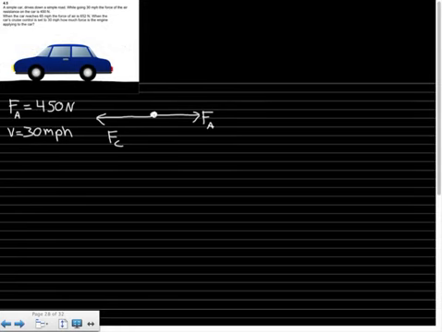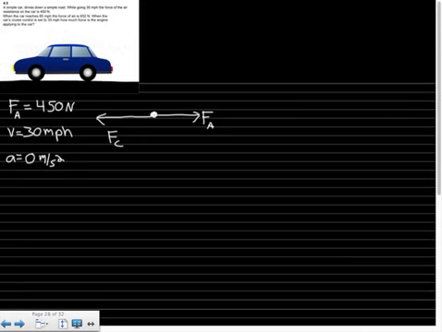Now, if we want this car to neither be speeding up or slowing down, what should the acceleration be? The acceleration should be 0 meters per second squared, because the problem says when the car's cruise control is on.